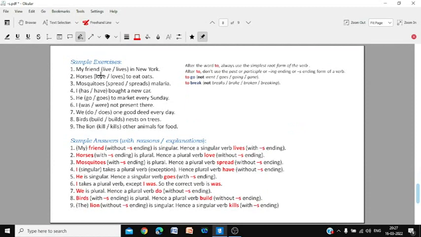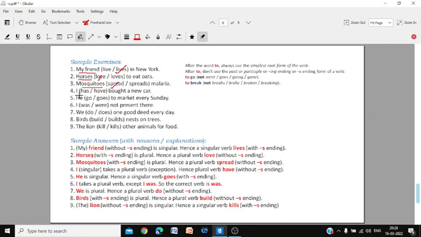So, simple exercise. My friend. It is singular. So in verb, in order to have a singular verb, we need S. So my friend lives in New York. Horses, plural. So we need a plural verb. So use one without S. So horses love. Mosquitoes, plural. So for a plural verb, take a verb without the terminal S: spread.